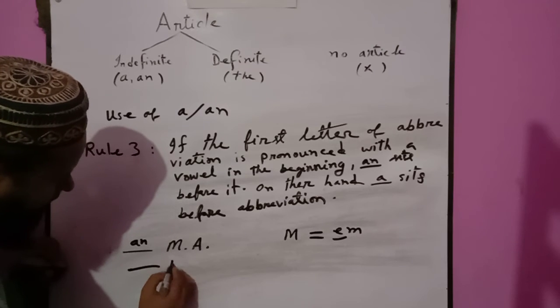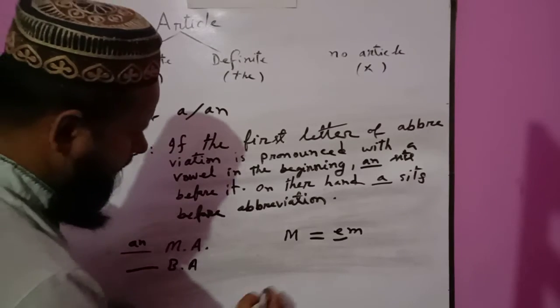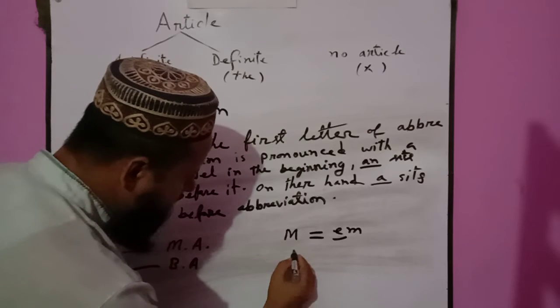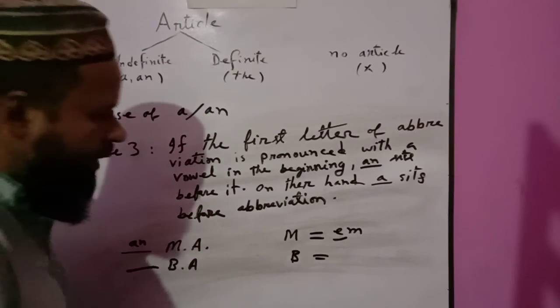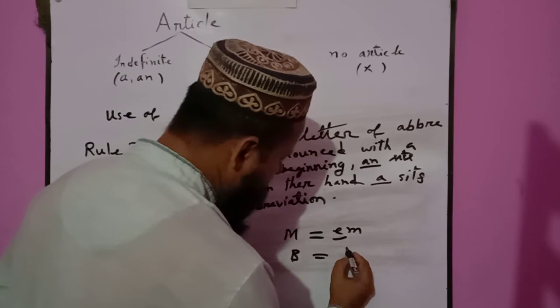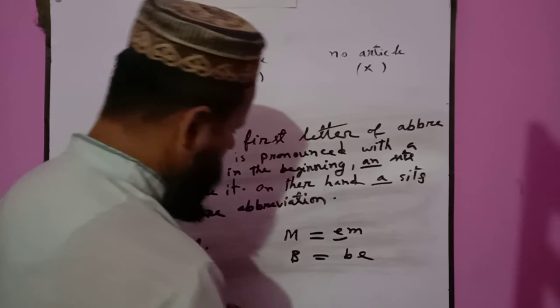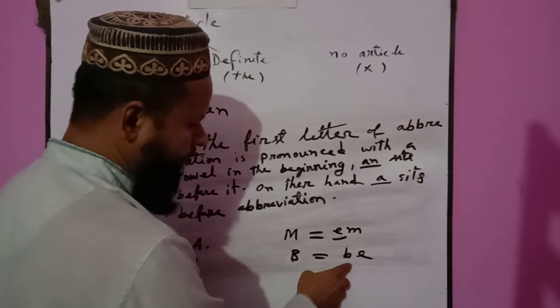Now BA. The first letter is B. Its pronunciation is BE. B is pronounced like BE.